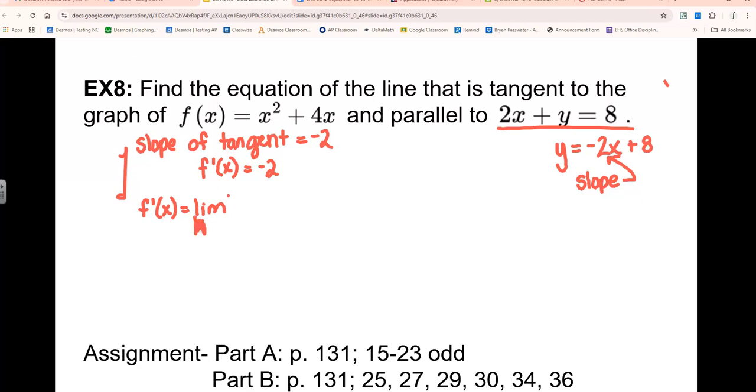As h approaches 0 of f of x plus h minus f of x all over h. You don't have to write that every time, but I like to so we remember what we're working with here. So f of x plus h, I'm going to do that over here to the side.